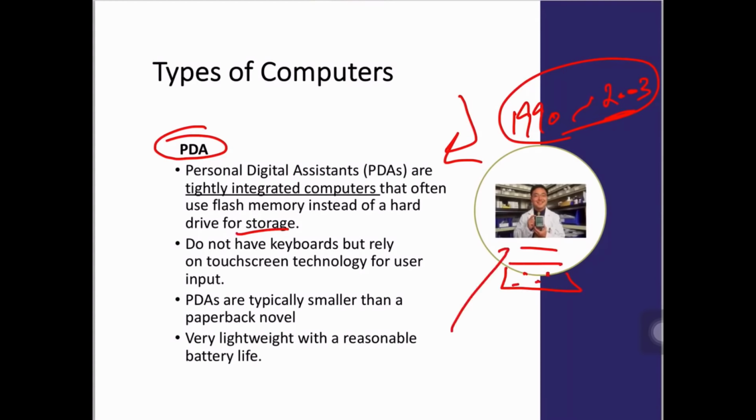People used them, like pagers, in pharmacies and hospital environments in the late 90s, but now with the advancement of technology and the arrival of the smartphone and cheaper phones, PDAs are mostly replaced by smartphones.